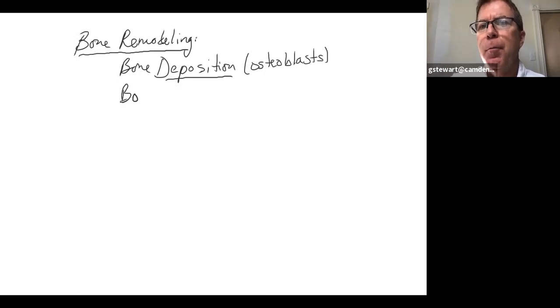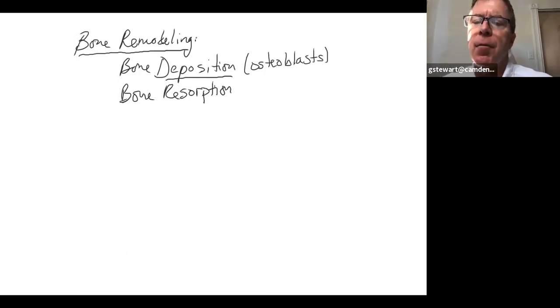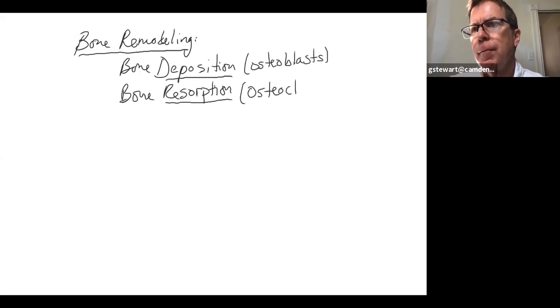And then bone resorption is the dissolving of older bone tissue or of bone tissue in general by osteoclasts. We have described bone deposition quite a few times now, so I'm not going to go through those steps again. Blood supply, calcium, osteoid, osteoblast, new bone tissue.